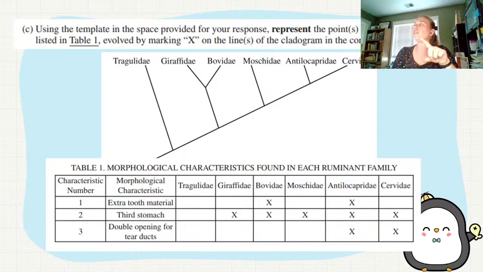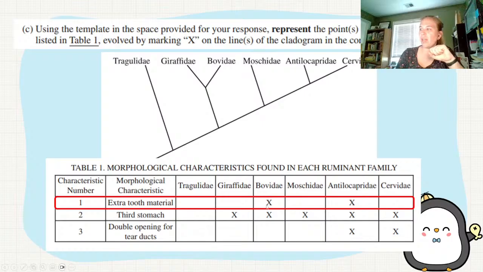So this question is from 2013, number 5, and I just want to show how you would mark those on there. They said using the template. This is how you'll see number 5C is going to be giving you some type of diagram, and you're going to have to modify that diagram. They said represent the points at which characteristic 1 listed in table 1 evolved by marking X on the line of the cladogram in the correct locations. So if we look here at number 1, we can see extra tooth material.